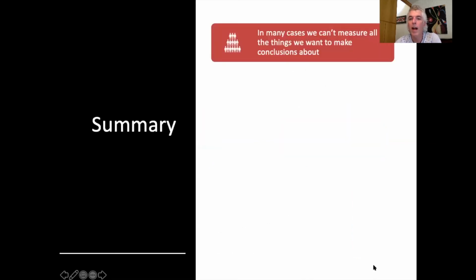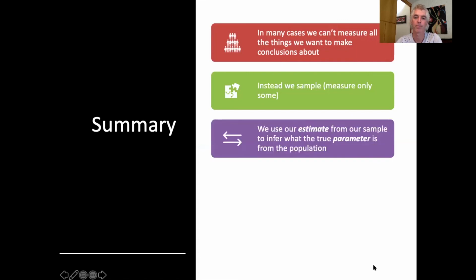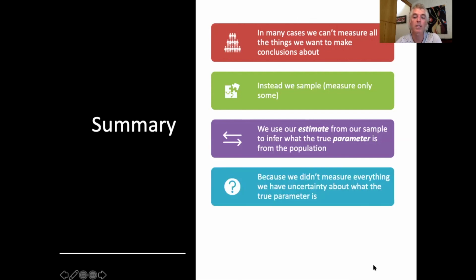So in summary then, in many cases in biology, we can't measure all of the things that we want to make our conclusions about. So instead, what we do is we sample. We measure only a subset of the entities that are present in the population. We use our sample to calculate an estimate, which is our best guess of what the true population parameter actually is.